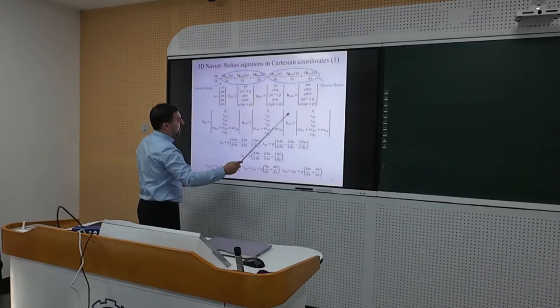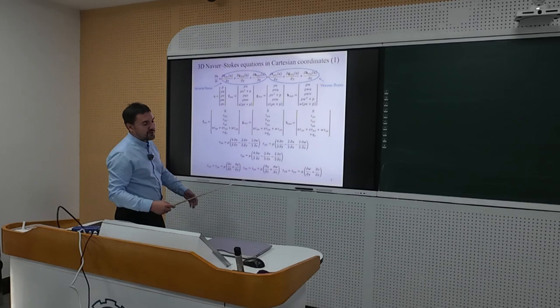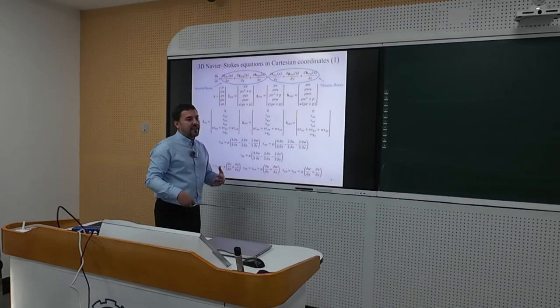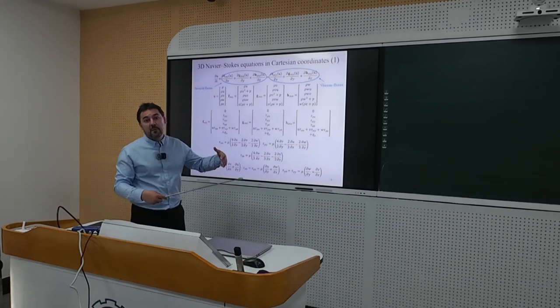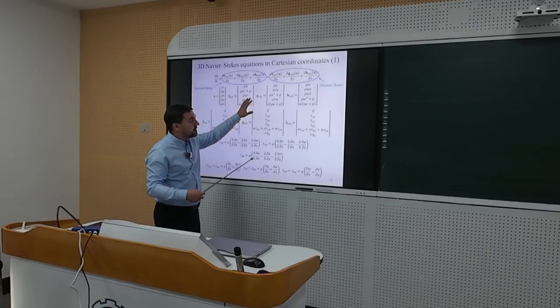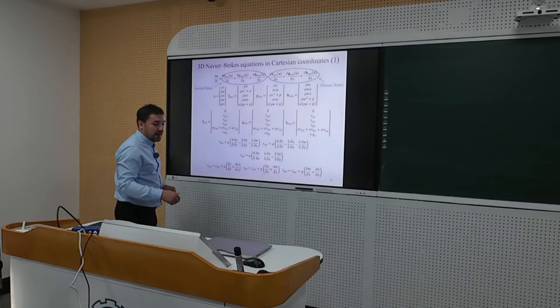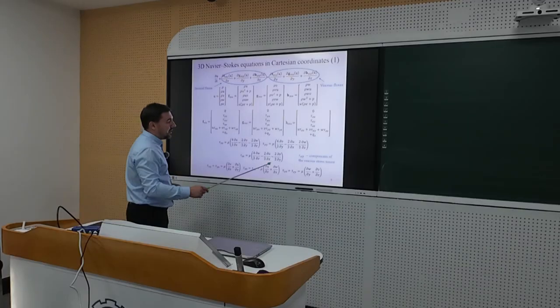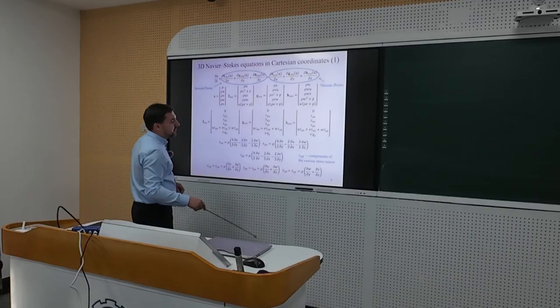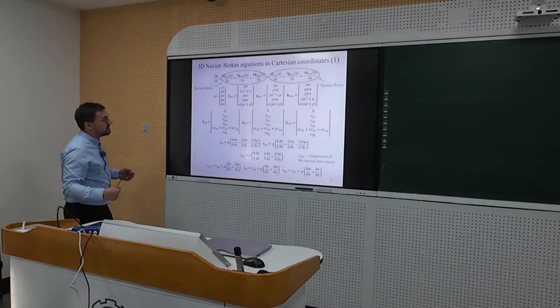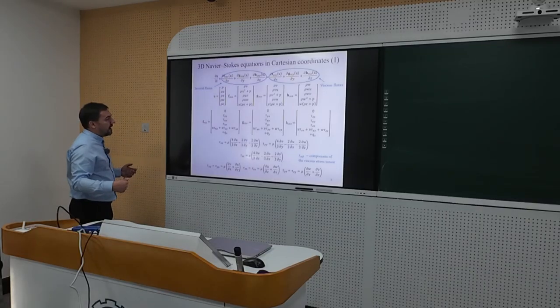For viscous fluxes, although they look a little bit scary, from a numerical point of view they are much simpler for implementation and solution than Euler equations. Here, tau alpha beta are components of the viscous stress tensor.